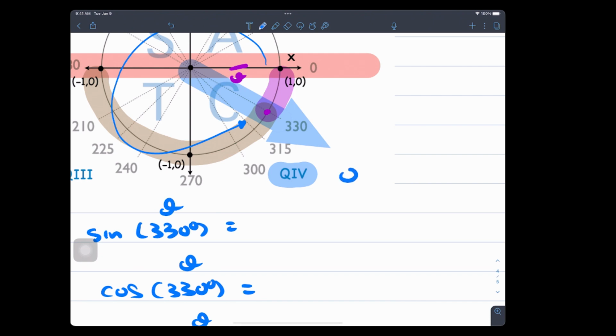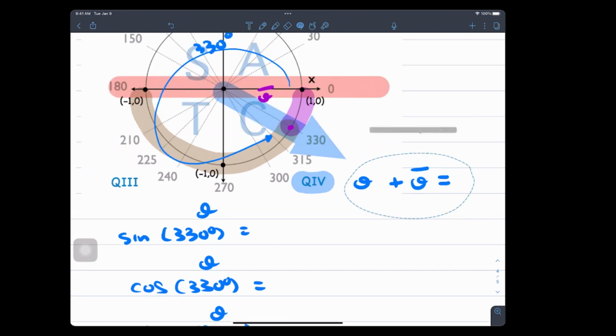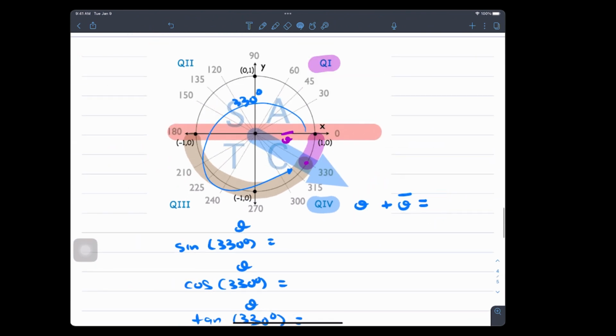Here's your equation. Tell me if you guys agree. Theta plus your reference angle better equal what? Thank you. Isn't that equal 360? Theta plus the reference is 360.